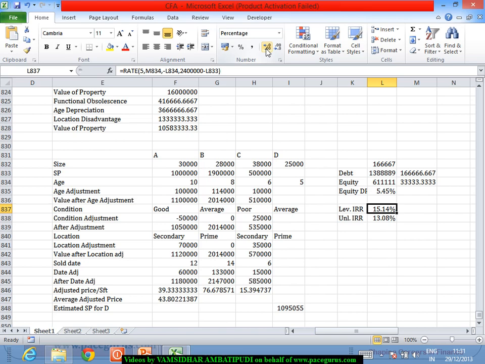So as long as the property growth is more than the cost of debt, taking a loan is more desirable for the real estate investment, which can be computed using the leveraged IRR as well as the unleveraged IRR approaches. So as long as the leveraged IRR turns out to be more than the unleveraged one, it is very much comfortable going ahead taking a loan for purchasing the real estate property.